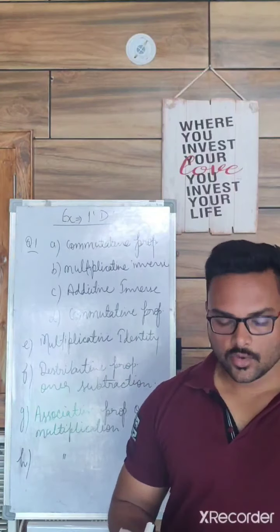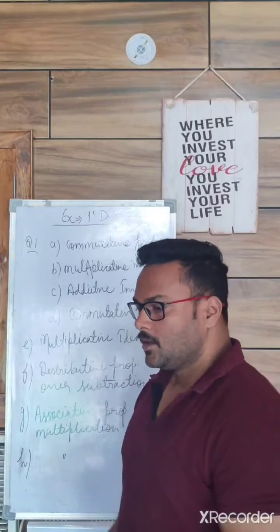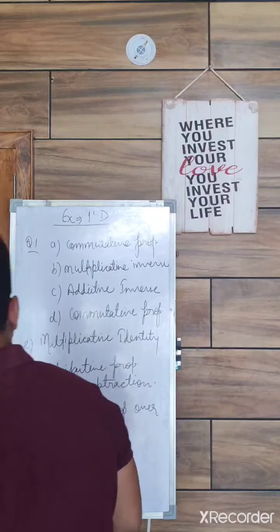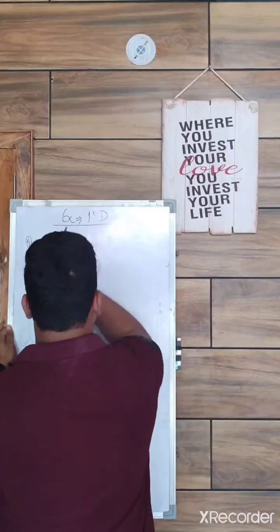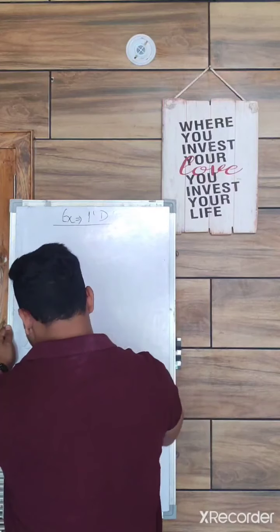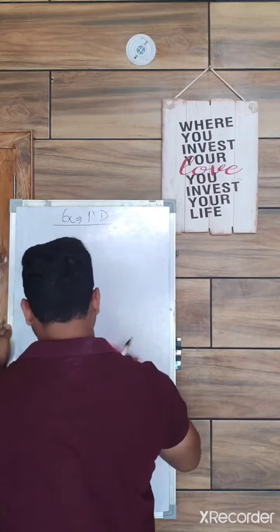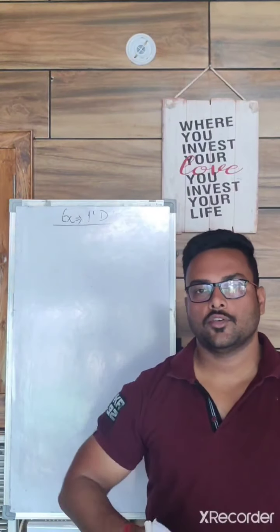Okay. Now the second question is: verify the following and state the property used. So we have to solve and find the answer. Hope that you are utilizing your time at home and solving the questions given for homework.